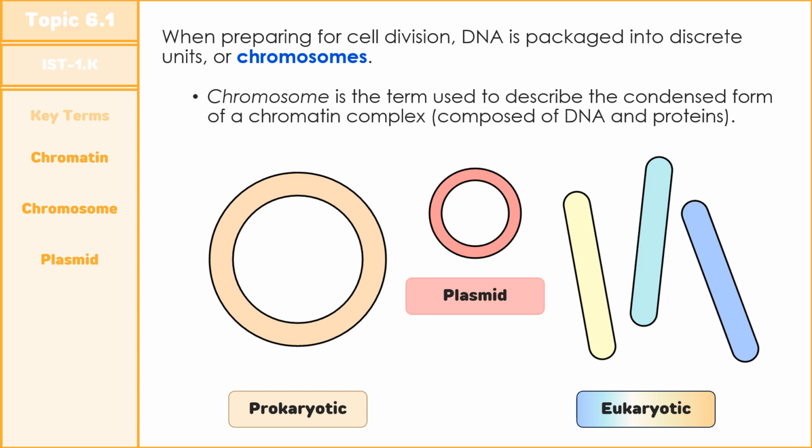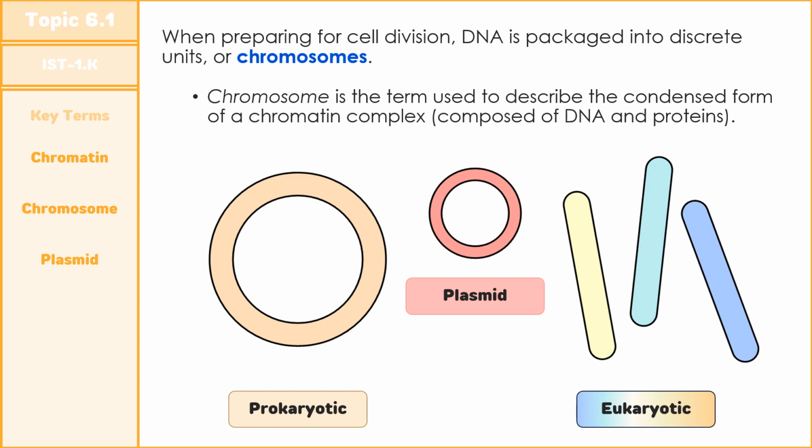One set is our sex chromosomes. And these are largely linear. So we get these rod-shaped chromosomes, which you should recognize from all of the models that we've used to mimic the process of mitosis and meiosis.